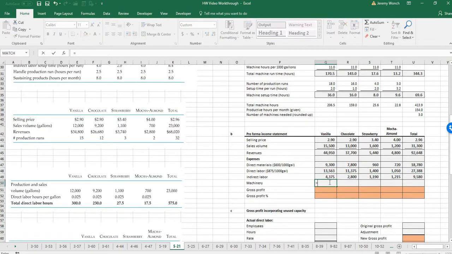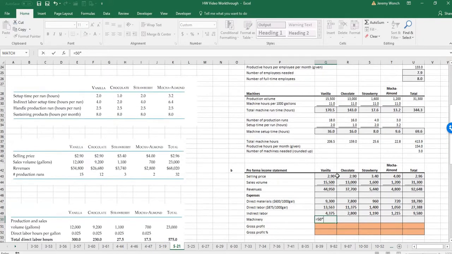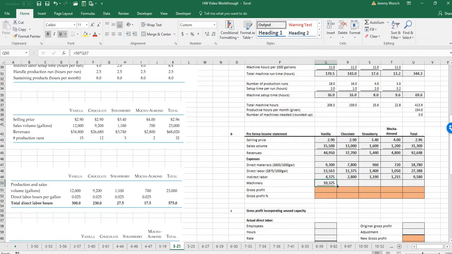And then our machinery cost, in the problem it tells us that it's $50 per hour times our total machine hours, which is right here, total machine hours. And so that gives us all our expenses.